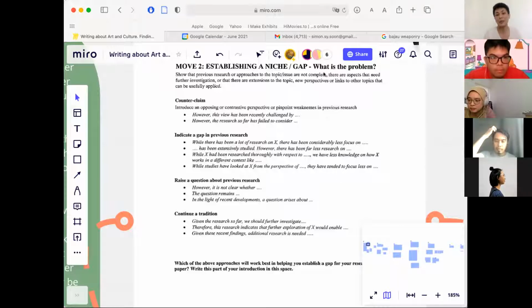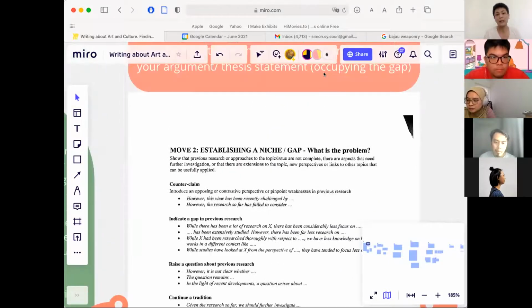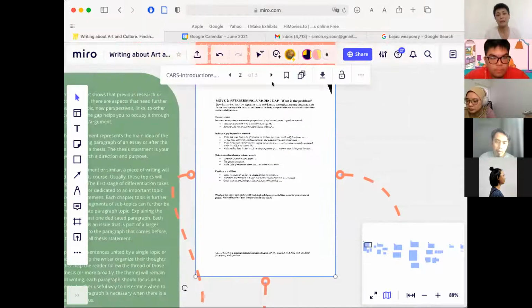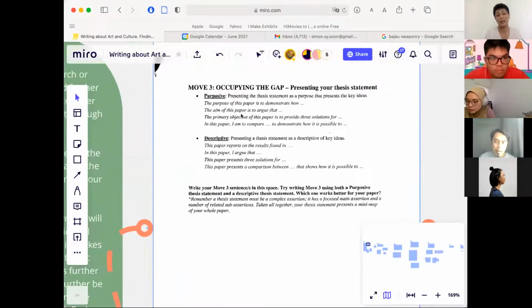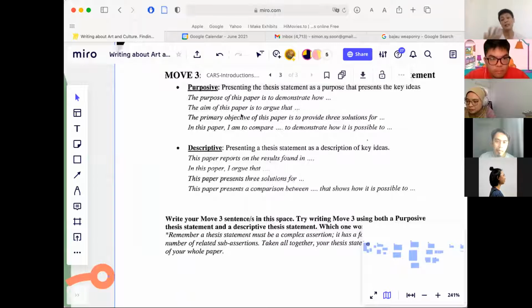Once you've established your problem statement, you can then move on to the third section, which is presenting a thesis statement. And this is more assertive, as you can tell by the tone of the sentence. Hopefully, this will give you an idea.